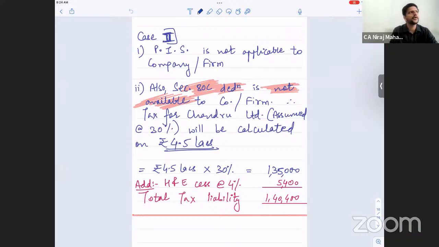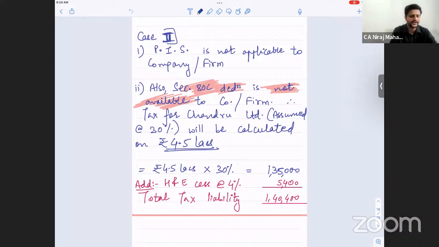Step number one, how do you tax it? First of all, what is the applicability of the partial integration scheme? Your agri income has to be more than what amount? 5,000 per annum, correct?